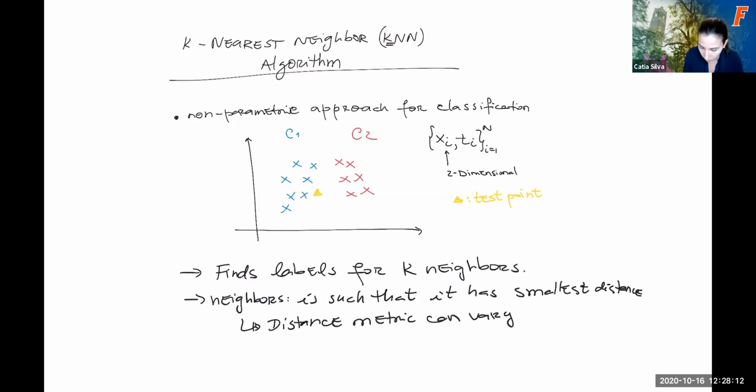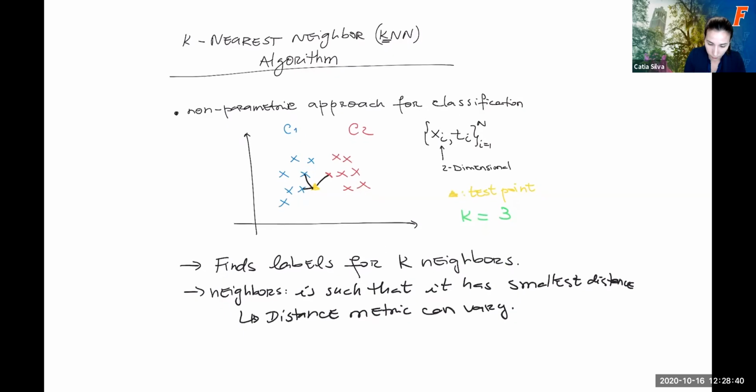But for now, let's consider the Euclidean distance. For k equal to 3, maybe for this point we have that this is close and this is close, and then maybe if we had a point right here, that's going to be close to that one. So the point, the triangle, has those three points as its neighbors.